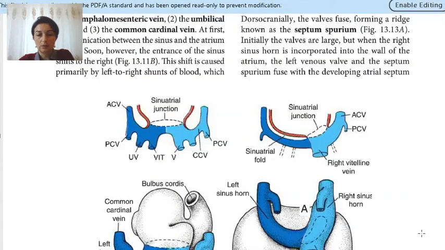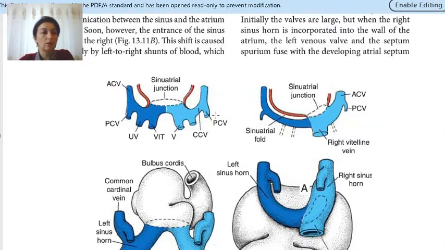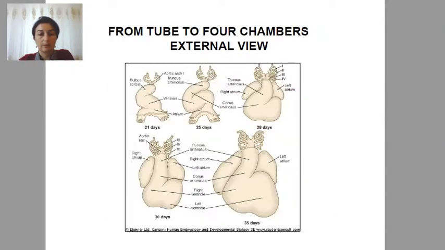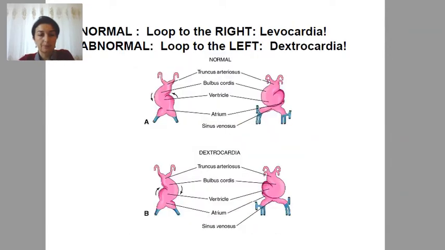Then we have to mention something about the vessels, but before talking about it, let's look at the bending of the heart tube in this illustration. That is the sinus venosus, atrium, ventricle, bulbus cordis, and truncus arteriosus, and pay attention in which direction it bends.